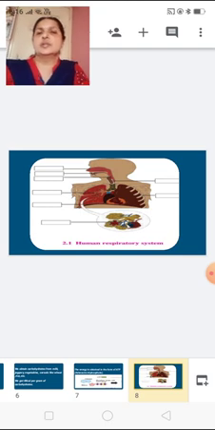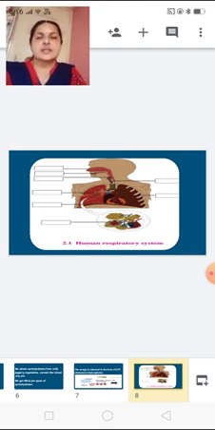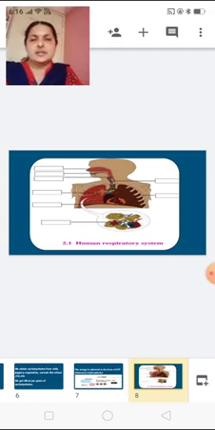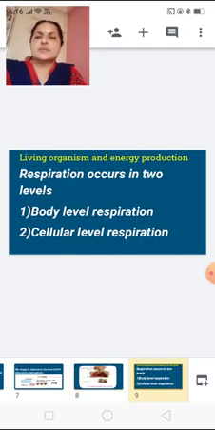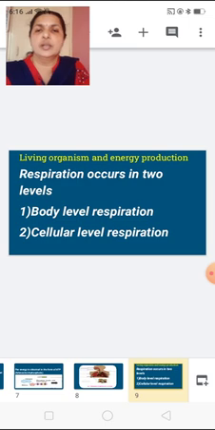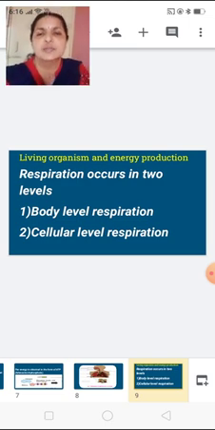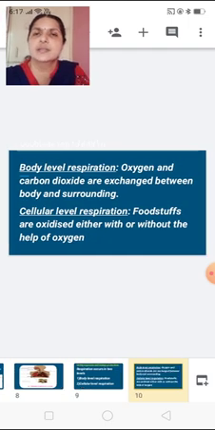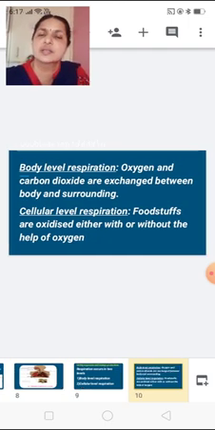Then we saw about the other energy system, how we get energy from respiration. There are 2 types of respiration: body level respiration and cellular level respiration. Body level is our normal breathing, taking in oxygen and giving out carbon dioxide to the surroundings.